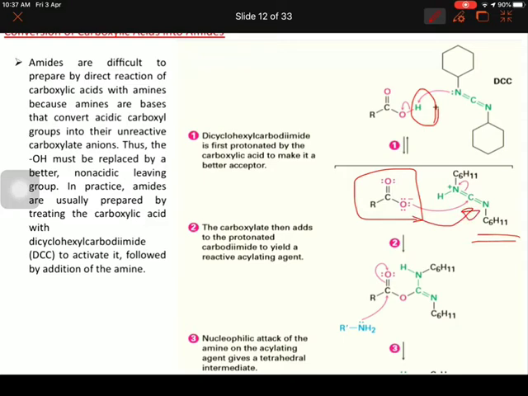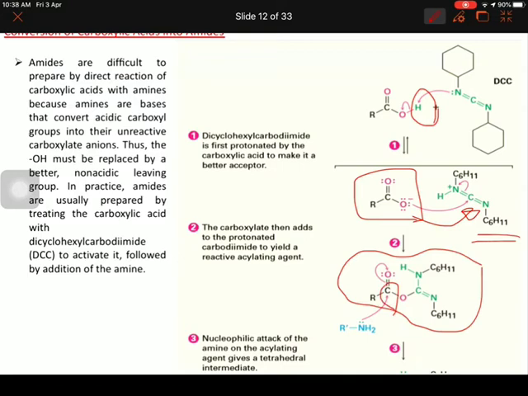Then a rearrangement happens and we get the compound together, the catalyst and the carboxylic acid. This gets a partial positive charge on the carbon of the carbonyl.